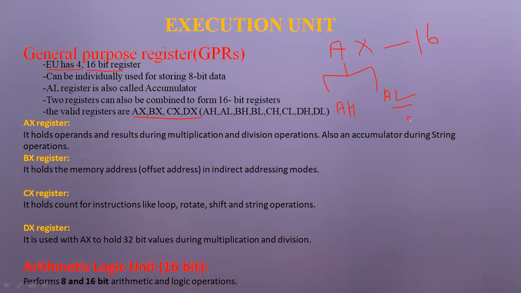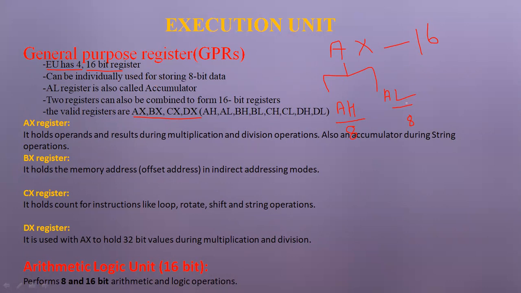The AL register size is 8 bit. It can be divided into two 8-bit lower order and higher order registers, so they can be individually used for storing 8-bit data.